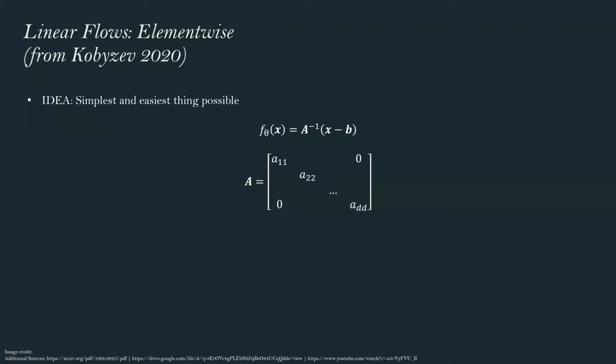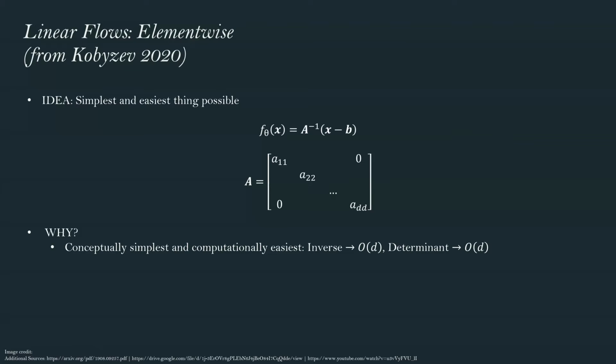So z1 is just a function of x1, and so forth and so on. The transformation itself is linear, so it's very simple. The inverse is always going to be linear in the number of dimensions, and calculating the determinant is also going to be linear in the number of dimensions.